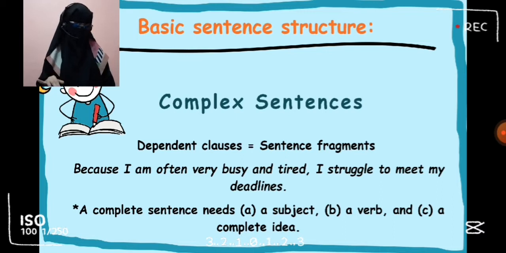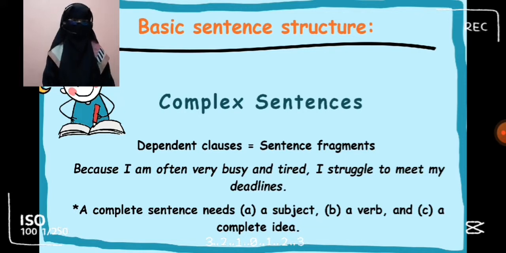Along the bottom here I have that a complete sentence needs: A, a subject, B, a verb, and C, a complete idea. This says something I mentioned before, but it will come into play here. As you can see, the first part of the sentence is a dependent clause because it cannot function independently as its own complete idea.